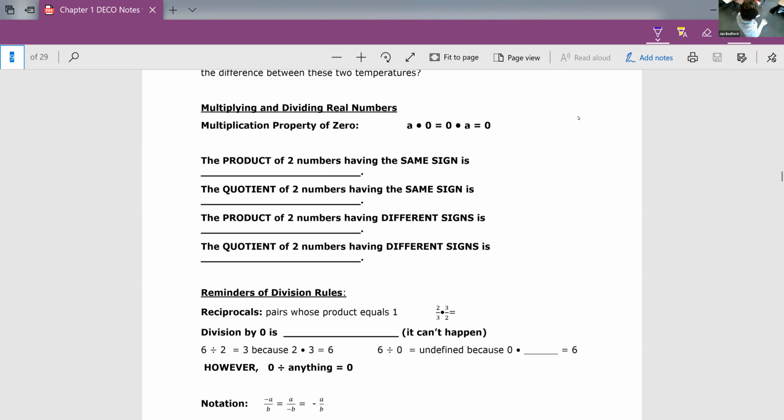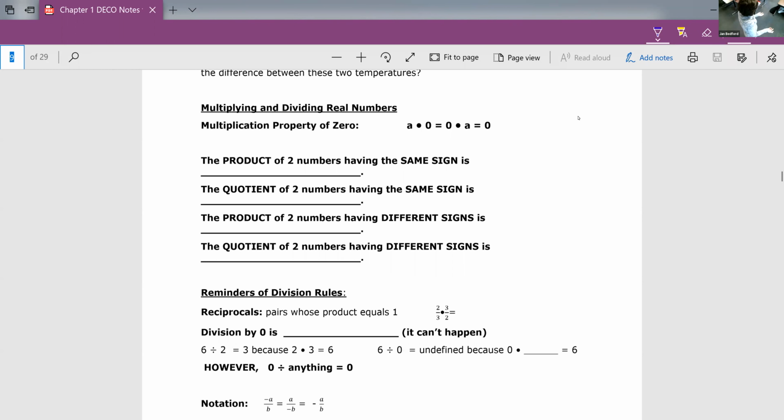So I add up the numbers, and then what's going to be the sign? If my signs are the same, after I add the numbers, I keep the same sign. Very good. If I'm adding and the signs are different, what do I do with the numbers? There you go. Subtract the absolute values, and my answer takes the sign of the larger number, the number that has the larger absolute value.